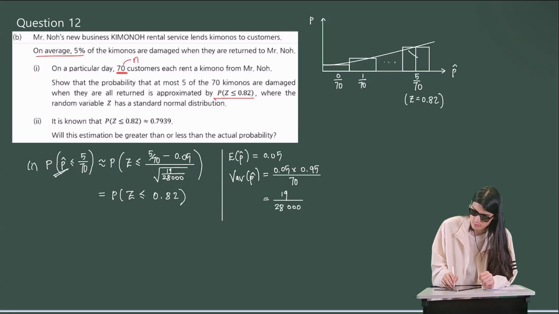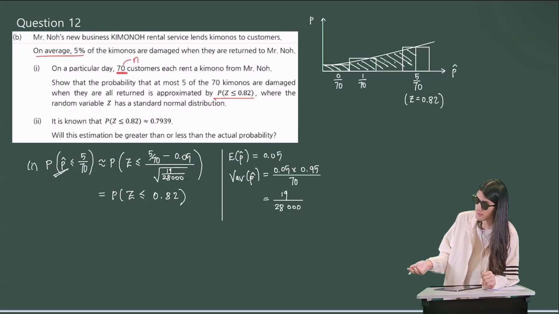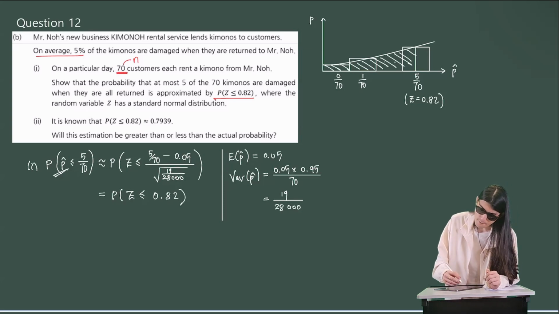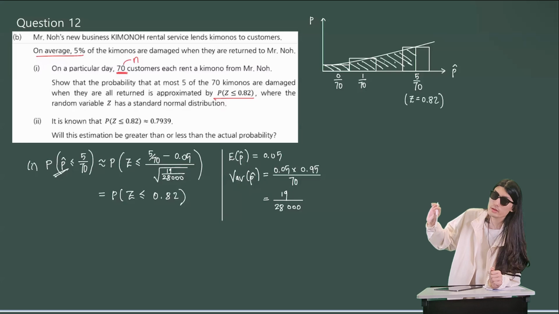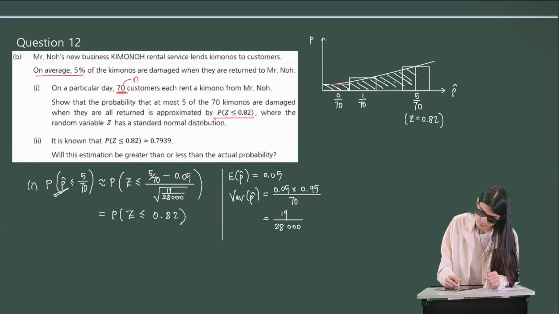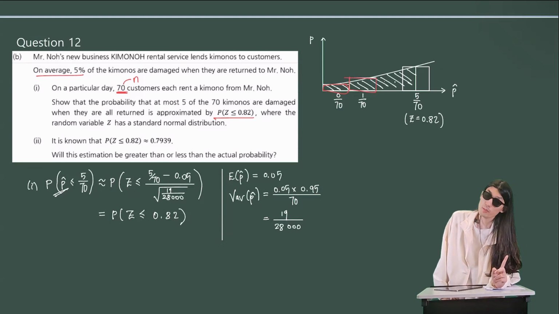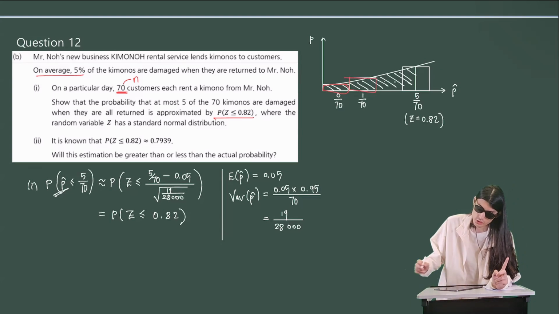That is, we've used this area to approximate the sum of these columns added, haven't we? However, the actual probability should include this entire column.